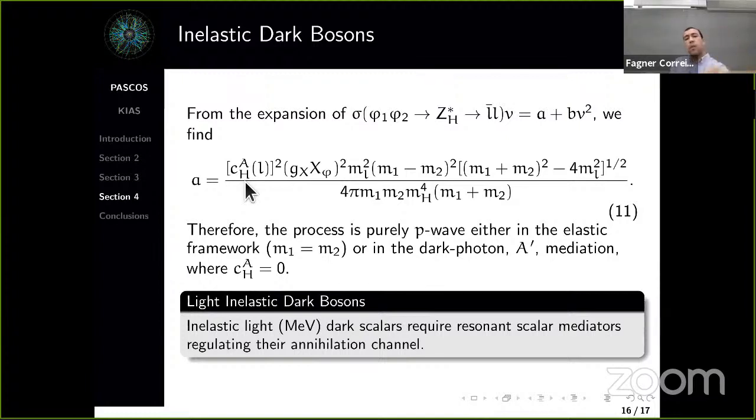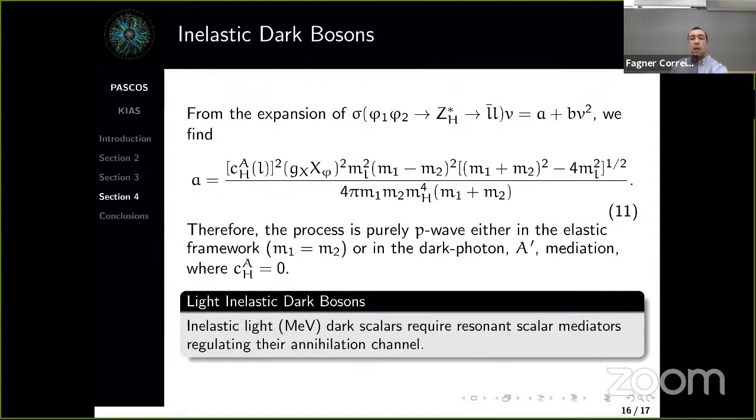The Z prime cannot be the main mediator controlling the abundance of these scalars, and therefore we would need a light mediator that is a scalar, to be resonant and control the annihilation channel of the scalars, which is already P-wave.